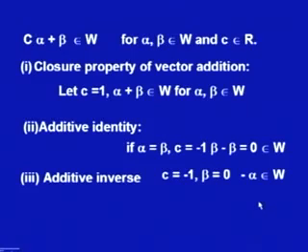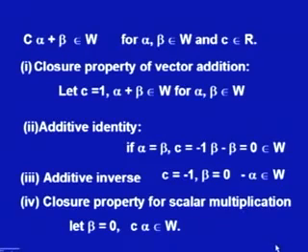So, 3 properties have been established, and the fourth one is the closure property for scalar multiplication. To check this property with respect to this given general condition, if we substitute beta equal to 0, then C alpha belongs to W. That means, for C belonging to R and alpha belonging to W, C alpha is also in W, and that means the closure property for scalar multiplication is also satisfied if this condition is satisfied.